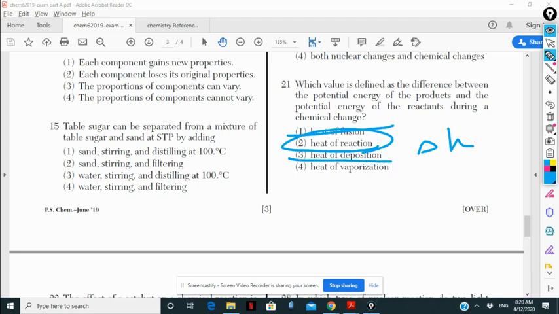Heat of deposition, that's to convert from gas to solid. Heat of vaporization, that's to convert from liquid to gas. Heat of fusion, so that's like the melting, converting from solid to liquid. So the only one that's giving me information about reaction is number two.